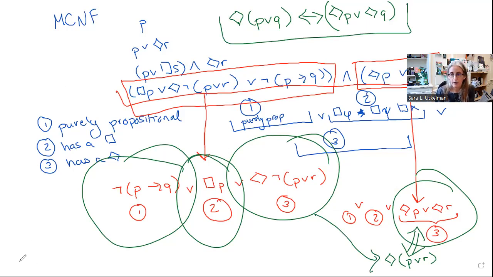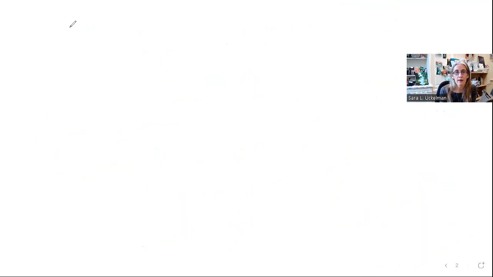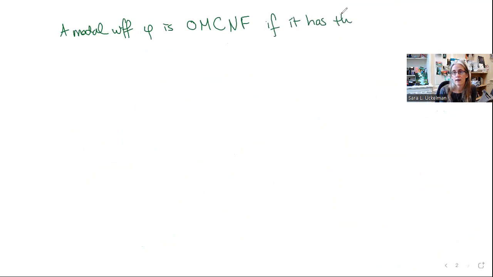So let me get a completely clear screen so that I can say: a modal well-formed formula phi is in ordered modal conjunctive normal form if it has the following form. First, it's got to be in modal conjunctive normal form.